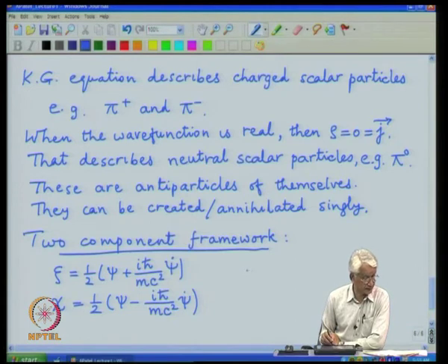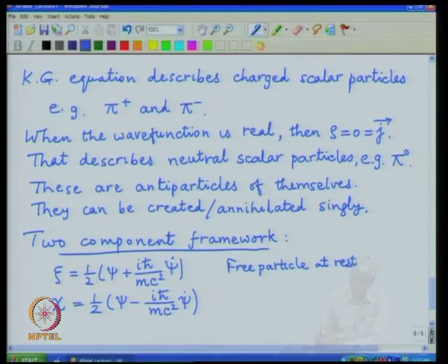In this particular case, if I choose a free particle at rest, which means energy is equal to mc square, then zeta is nothing but psi and chi is equal to 0.